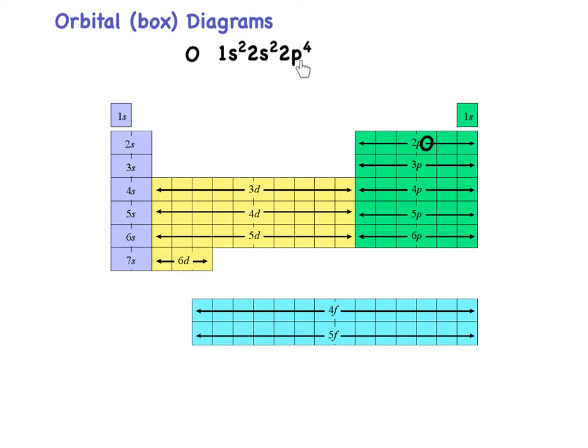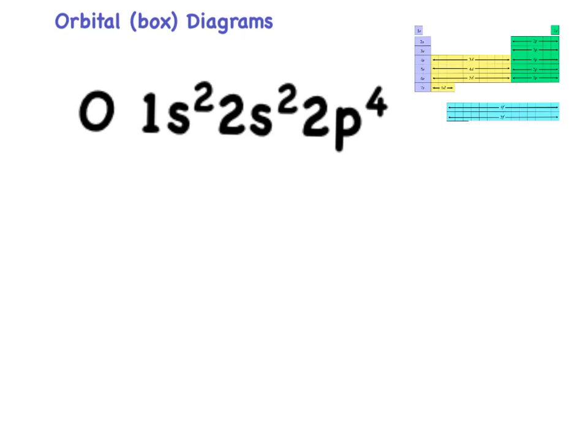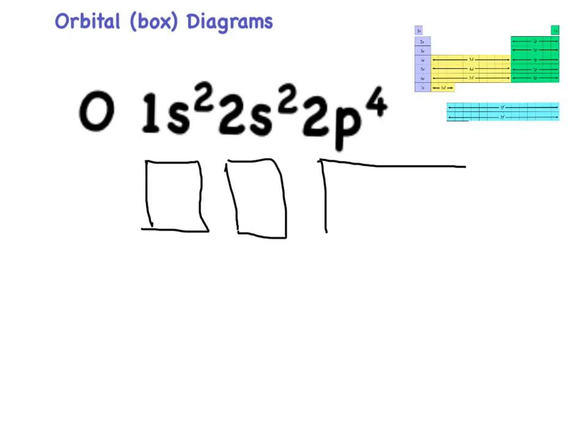Well, for an orbital box diagram, we would draw boxes denoting each orbital. So I'll draw a box for the 1s orbital, and I'll draw a box for the 2s orbital. And then, of course, there are 3 p orbitals, so I'll draw the boxes for the 3 p's like so.